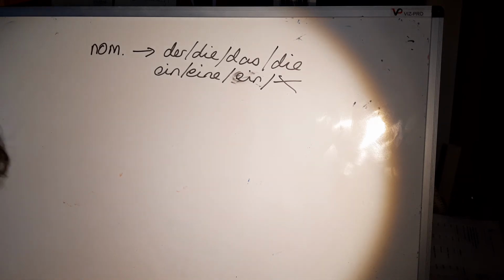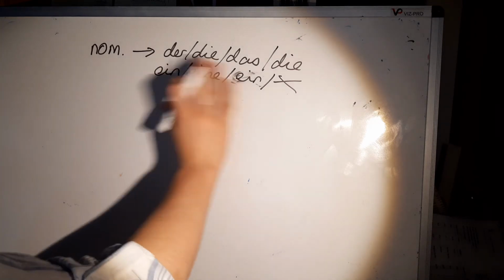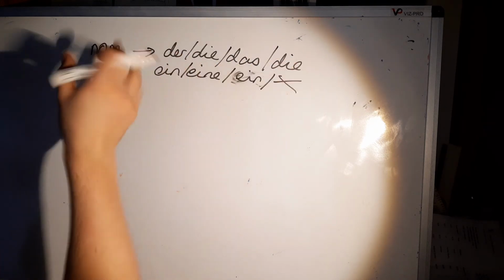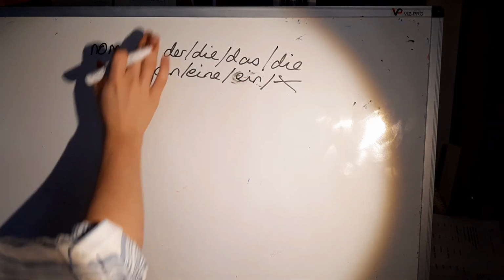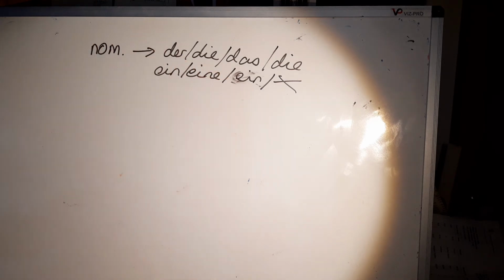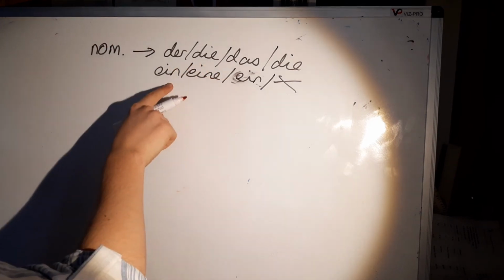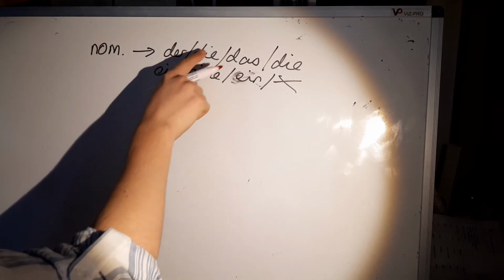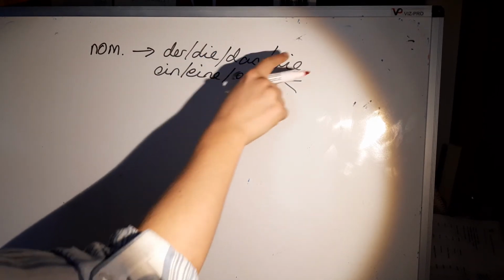Now I'm going to keep using this form because if I can write it out like this, it should look neat. Now usually you get a massive table and it's really chunky, but sometimes that doesn't help. As long as you know that this is masculine, feminine, neuter, and plural.